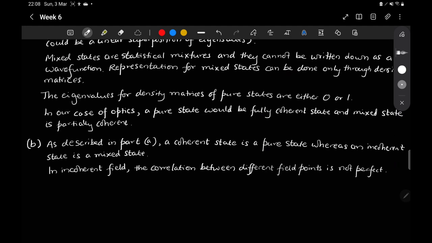So, as described in part A, a coherent state is a pure state, whereas an incoherent state is a mixed state. In an incoherent field, the correlation between different field points is not perfect.